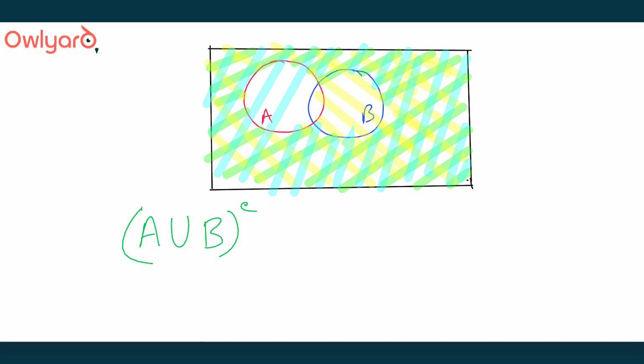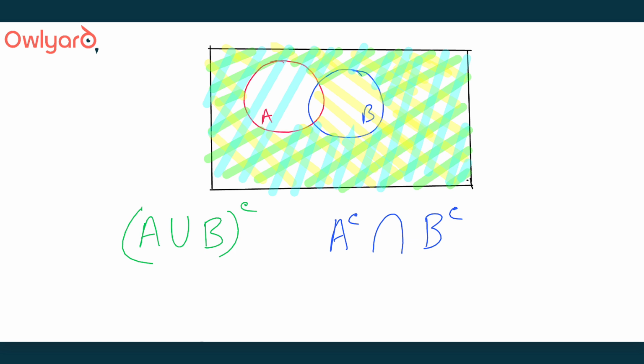Now notice that A complement intersection B complement is the overlapping area between the blue shaded area and the yellow shaded area, which coincides with the green shaded area here. If you can see it, just work it out by yourself and you should be able to. As you can see here, all the lines that are going through A are blue, and all the lines that are going through B are yellow.